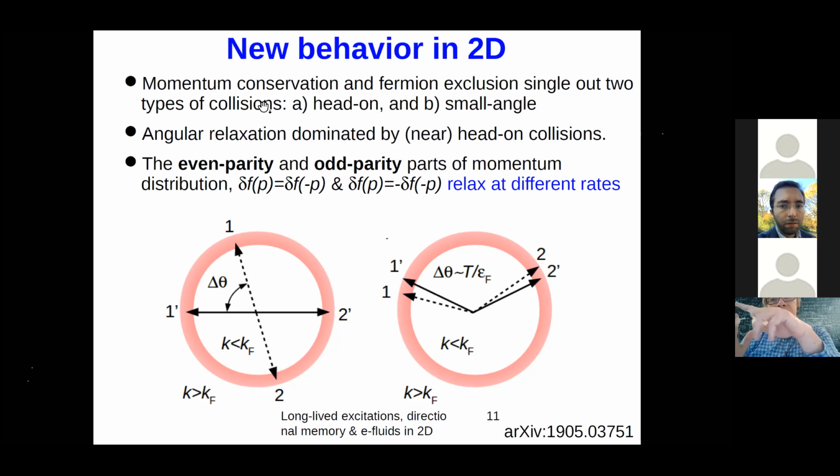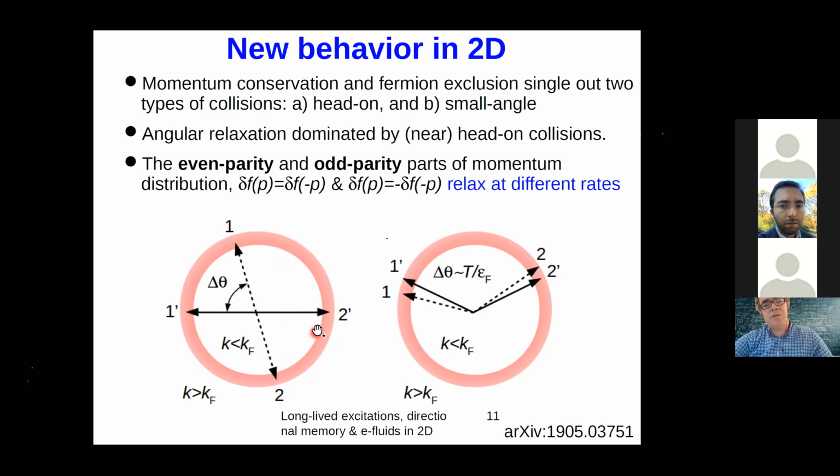If you consider processes in which particles collide head-on, as shown on that schematic, and take particles 1 and 2 and draw the kinematic circle, then the kinematic circle will coincide with the Fermi surface.